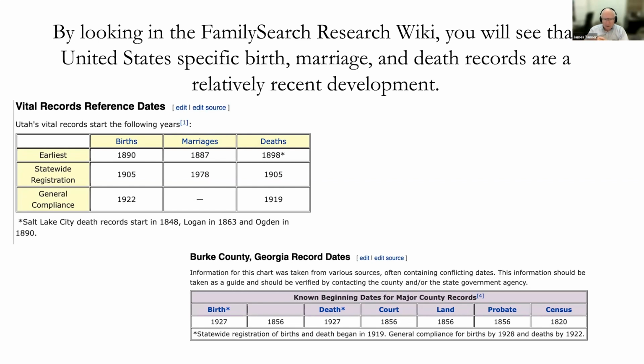And we get death dates. Court dates go back quite a ways. Land records go back a ways. Probate records go back a ways, and census records go back a ways. Does this give you an insight? If we're worried about whether someone was born and who they are, we may wish to move from a focus on birth and death records to court, land, probate, and census records as additional categories for a start.